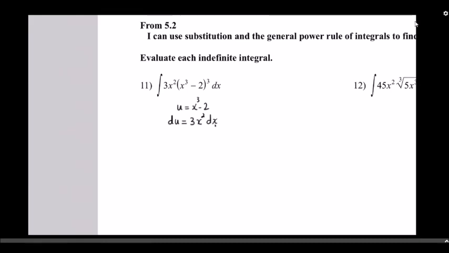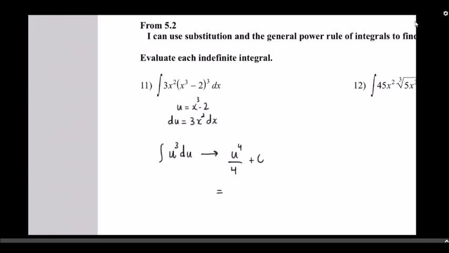So we've got the 3x squared and the dx, so that can all be replaced with du, and then this inside function here can be replaced with u, so the whole entire problem can be rewritten as the integral of u cubed du, which we now can apply just the power rule, making it u to the fourth divided by 4 plus c.